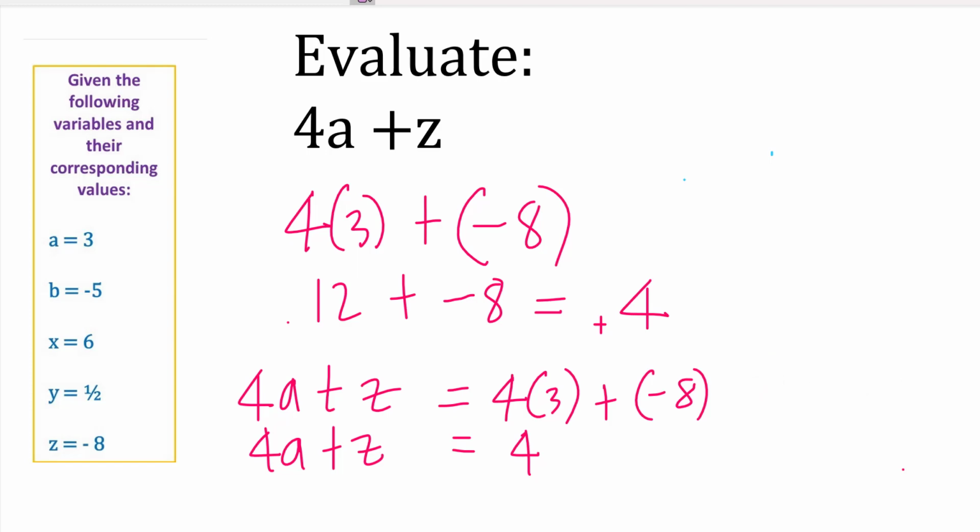Okay, so this is our final answer. 4a plus z equals 4, positive 4, if and only if a equals 3 and z equals negative 8. So that's it. Alright, so we have solved the expression, we have evaluated the expression.